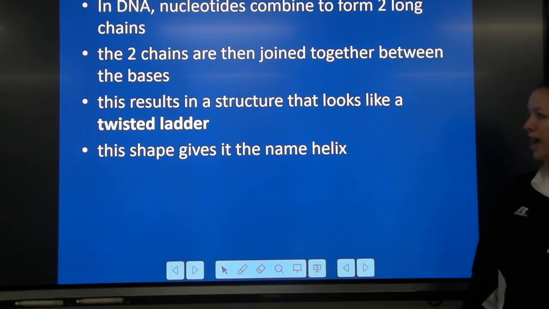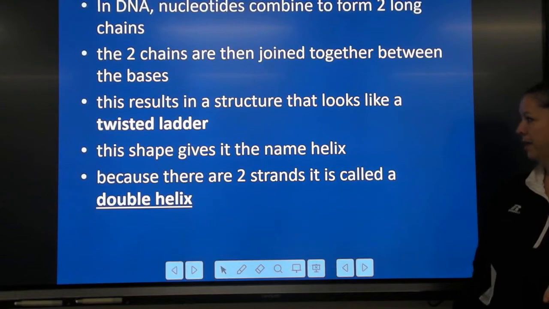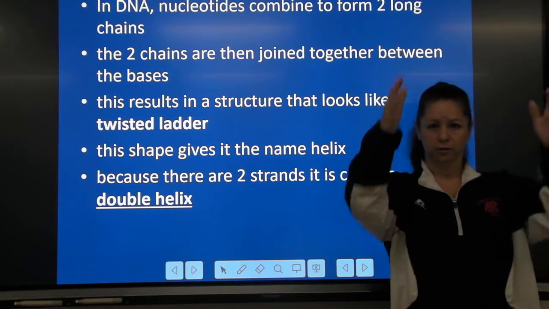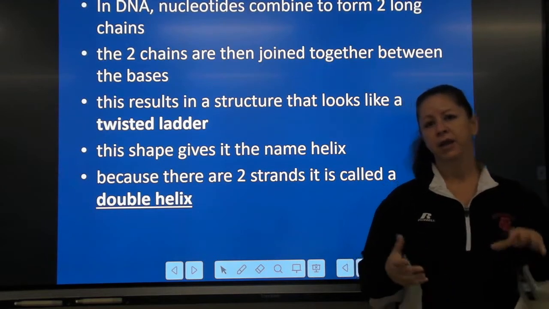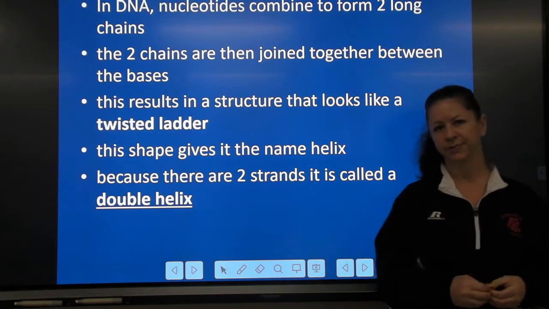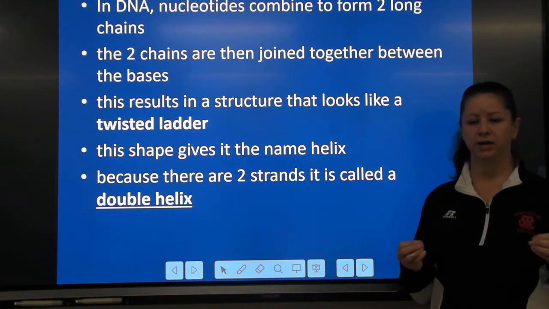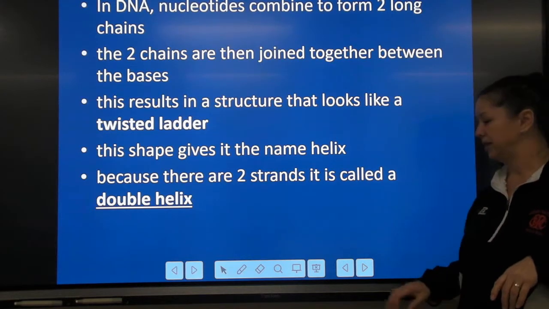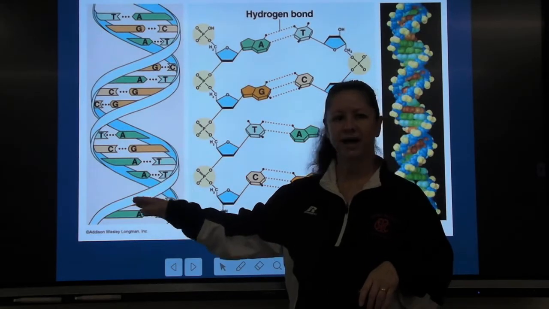The shape gives it the name helix. And because there are two strands, the two legs of the ladder, we call it a double helix. You will frequently hear DNA referred to as the double helix. A lot of times when folks say the double helix, they are talking about DNA. And so this is the twisted ladder.